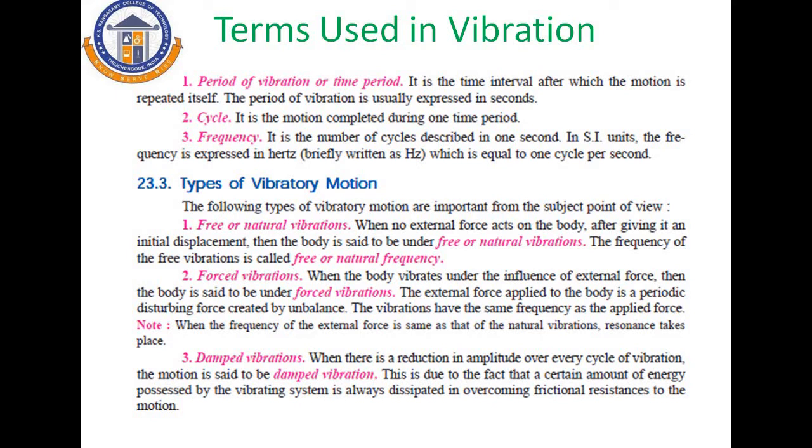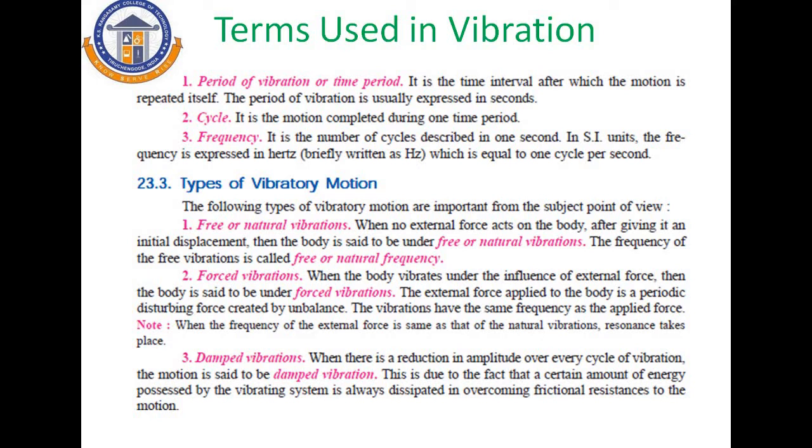Forced vibration. When the vibratory body vibrates under the influence of an external force, the body is said to be under forced vibration. The external force applied to the body is a periodic disturbing force created by unbalance. The vibration has the same frequency as the applied force.